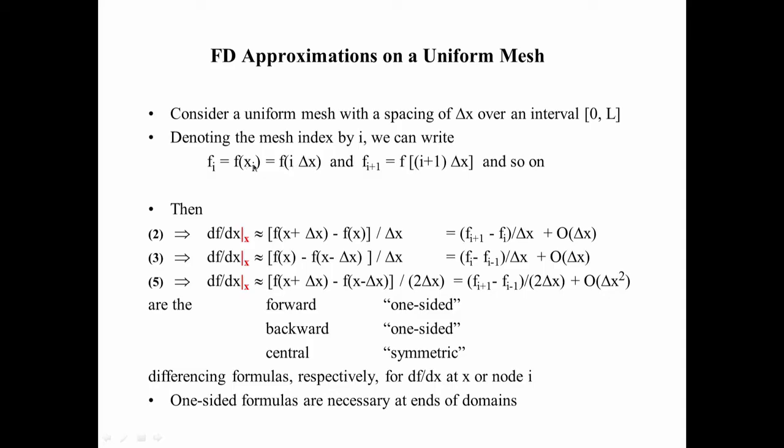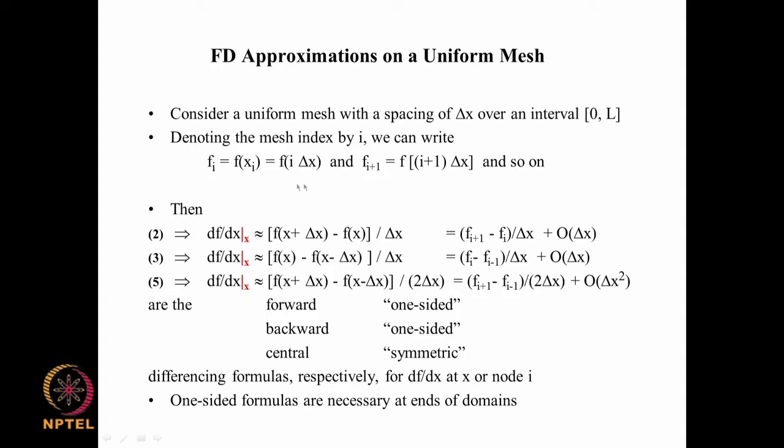So that is what xi is here, and we can also write f of I plus 1 in the shorthand notation as the value of f at I plus 1 delta x. So instead of writing f of x and f of x plus delta x, we can write it as f subscript I and f subscript I plus 1, and similarly f subscript I minus 1.